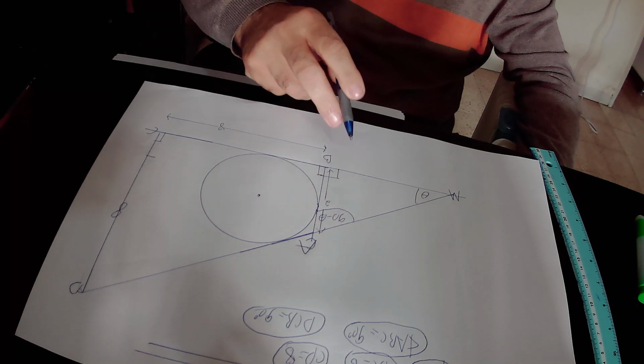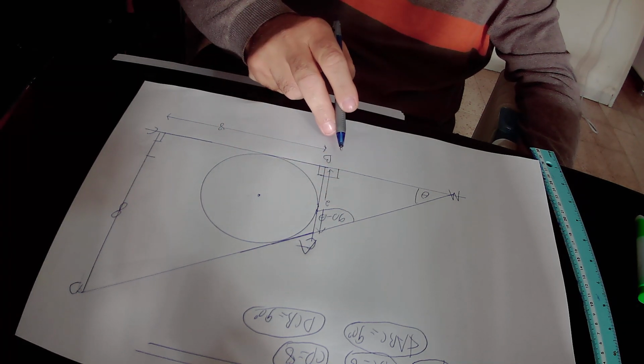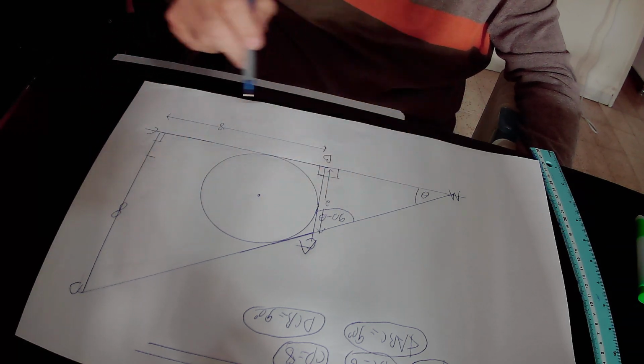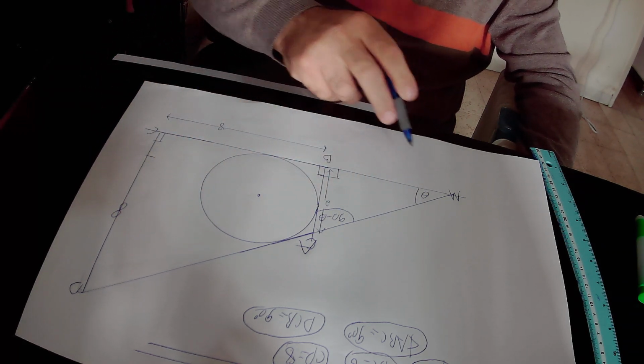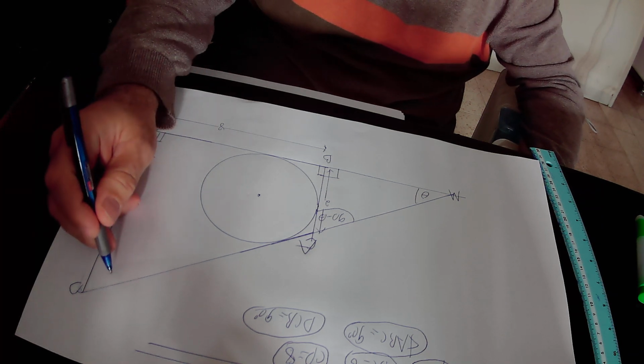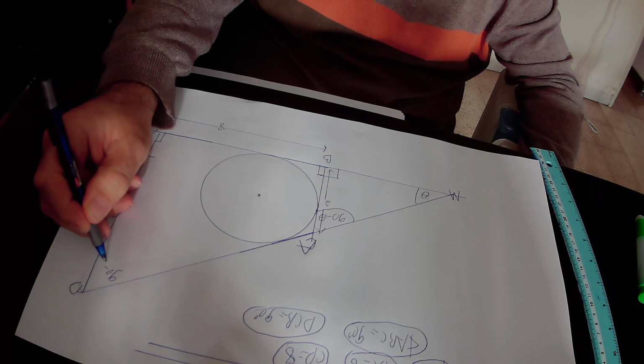Because 90 degrees minus theta plus theta is 90 degrees, and 90 degrees plus 90 degrees is equal to 180 degrees. That is the sum of the angles in any triangle. Likewise, in the big right triangle DMC, this angle equals theta, this angle equals 90 degrees, therefore the missing angle here must be equal to 90 degrees minus theta.